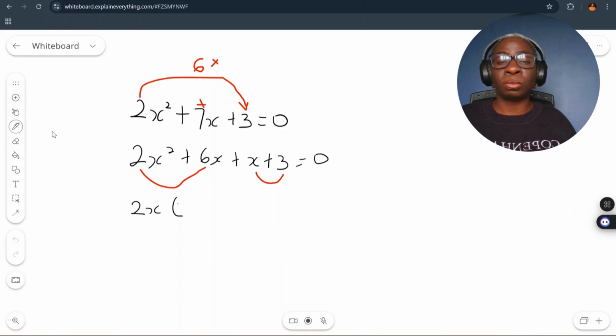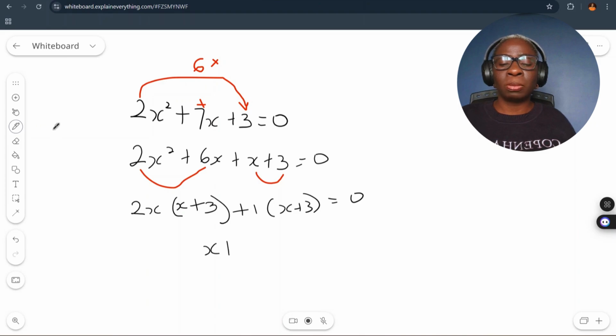If we take 2x from 2x squared, we would have x left. Then if we take 2x from 6x, we would have 3 left. We close the bracket. Then what is common to both x and 3? That would be 1. So we have plus 1 bracket x plus 3, and this equals 0.